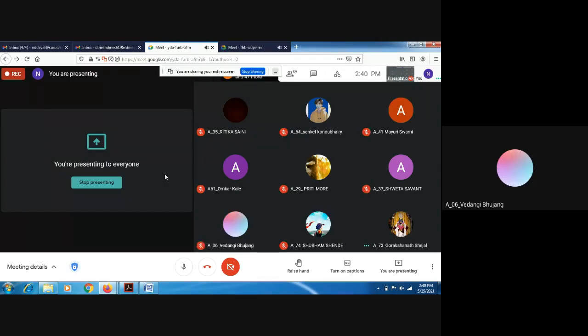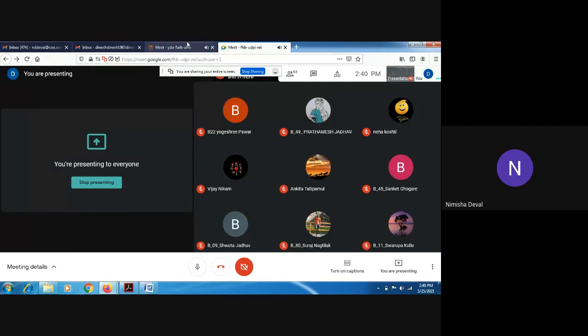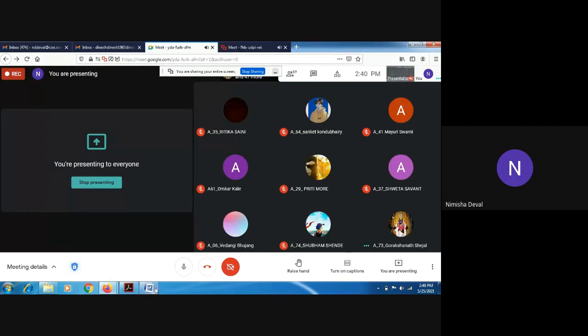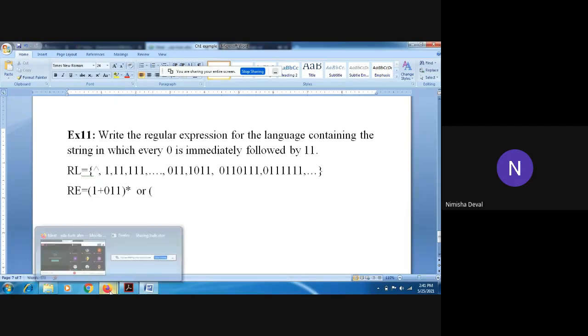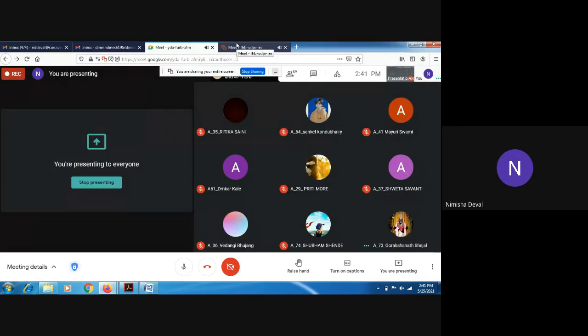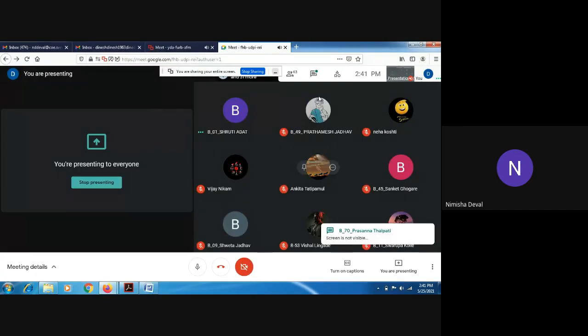Okay, so now see the example. So this way is also allowed, or you can write in the form. Yes, the screen is not visible. Not visible. Just a minute.